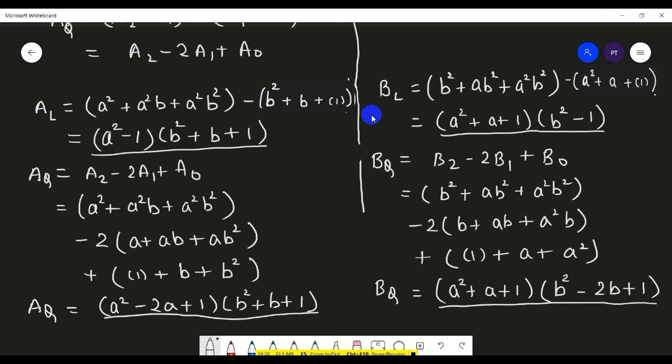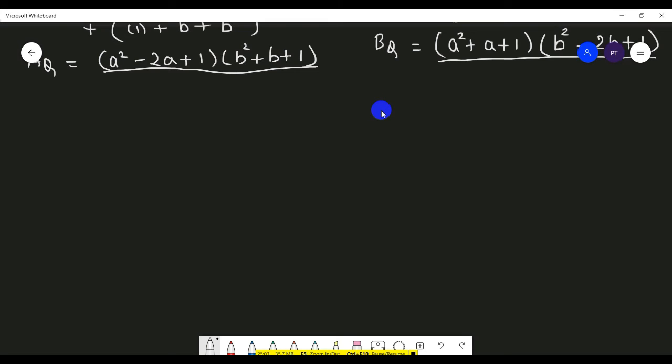Now we will discuss the various interactions associated with 3-level factorial design. The interaction AB has 4 components.